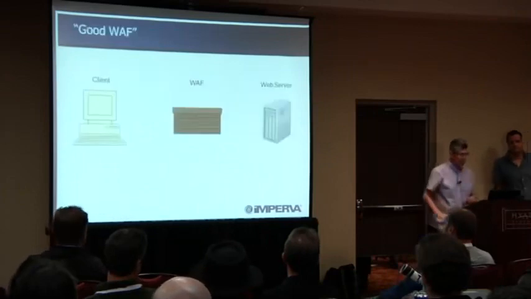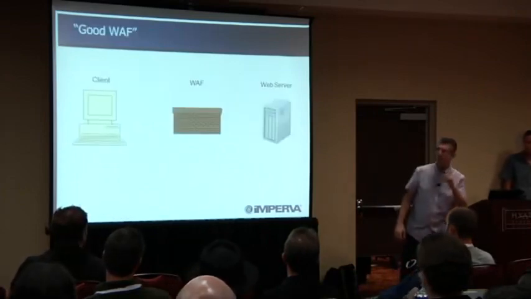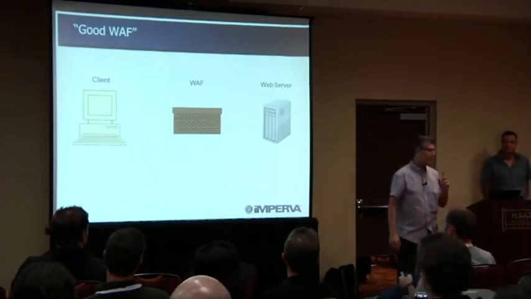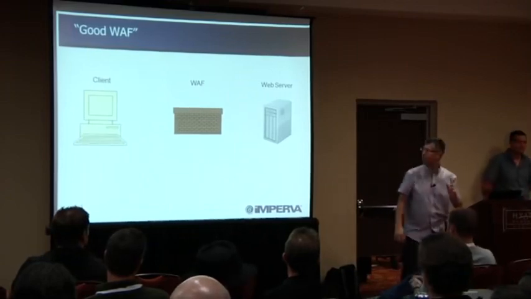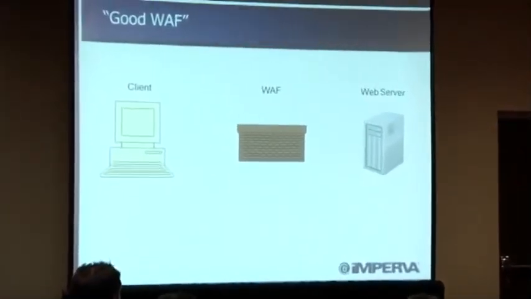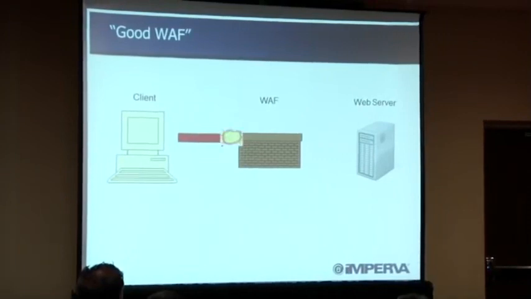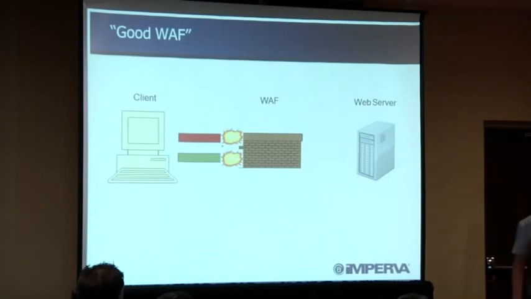And in general, the common theme among all those methods is that a WAF with the following behavior would be considered a very good web application firewall. It blocks all attack traffic, but it also blocks all normal traffic.